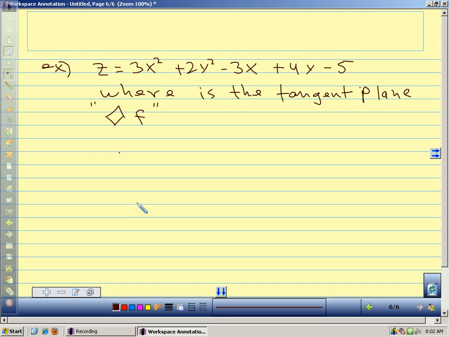When the angle of inclination is 0, how are the normal vector and the z-axis related? They're parallel. If the normal vector is parallel to the z-axis, what are the x and y components of the normal vector? 0.